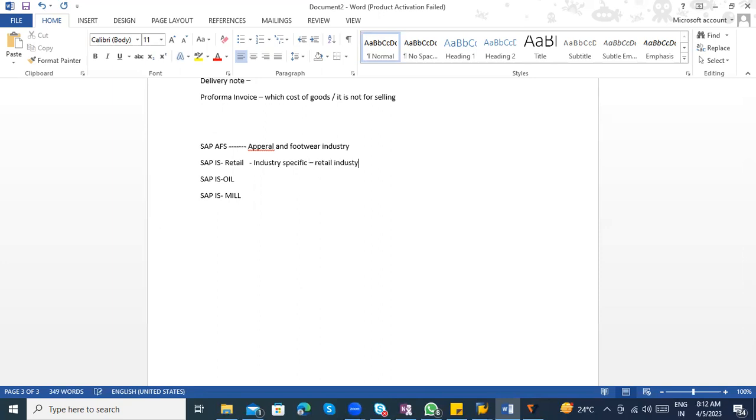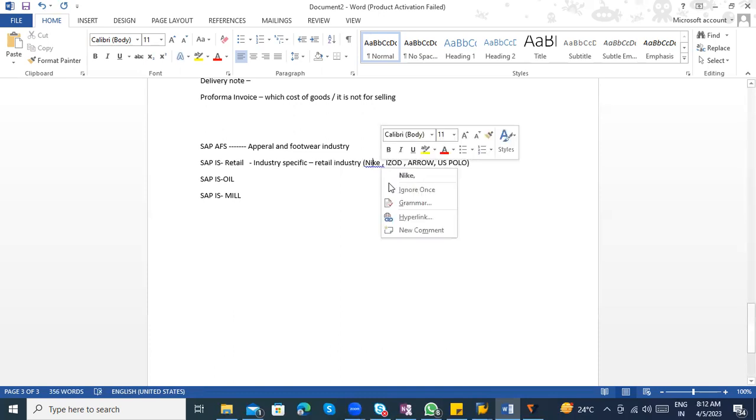Sometimes apparel also comes under retail, because of brands like Nike, Arrow and US Polo. Those can come under apparel and footwear, and sometimes they can use the retail industry solution also. It depends, so they can use both.